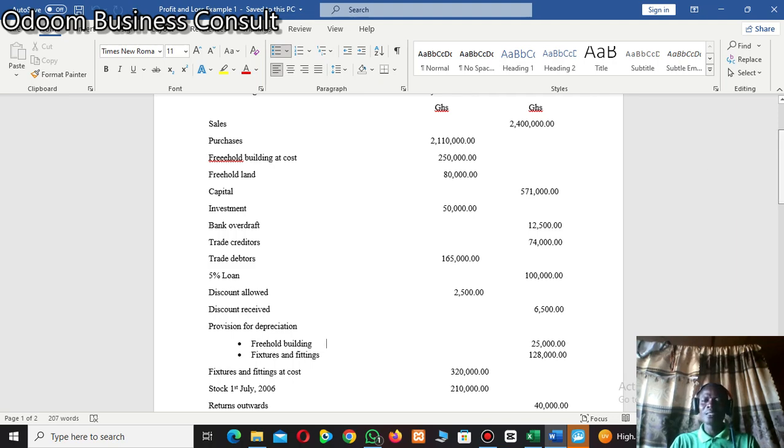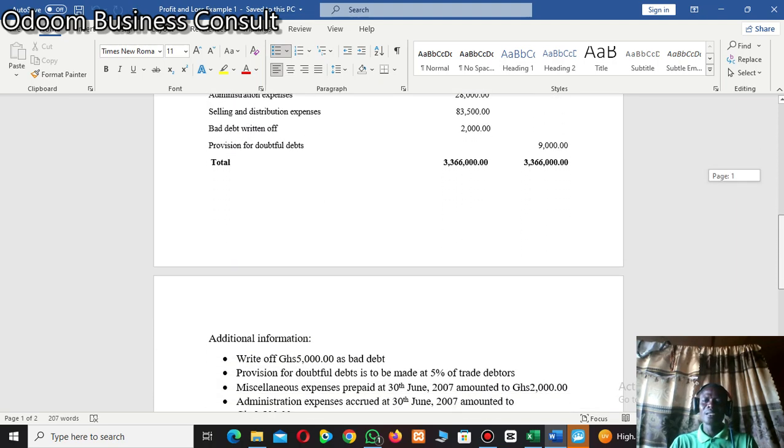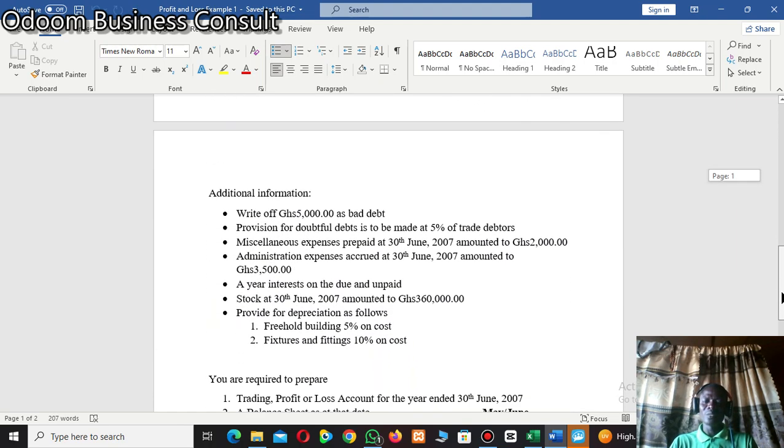Within this accounting year, which is 30th June 2007, it has got to our attention that we cannot collect this amount, so we have to take it from our debtors figure.